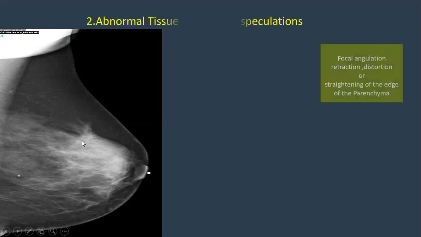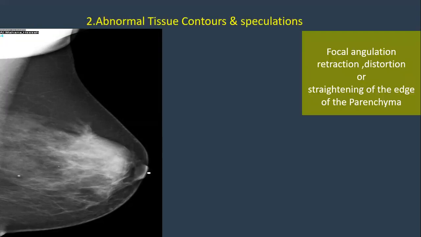But what about the contour deformity? Previously it was buckling and retraction of the parenchyma, but here the parenchyma is extending outside. Distorted and angulated.